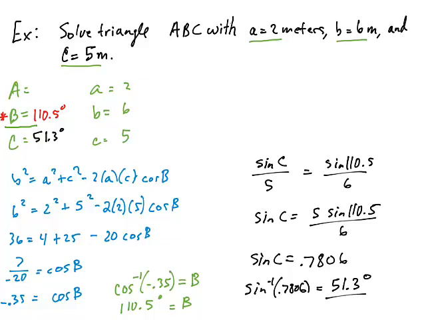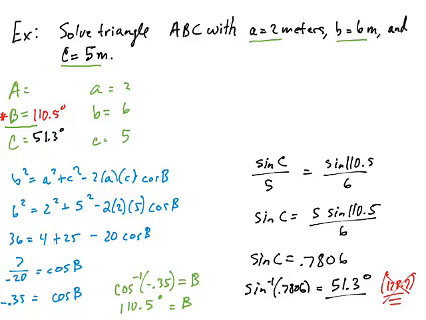You'll notice that you don't end up with that because the other possible angle would be 128.7, and if that was going to be angle c, well, add 128.7 plus what we already know for angle b, that's definitely over 180 degrees, so that is not possible. So there's no way there.